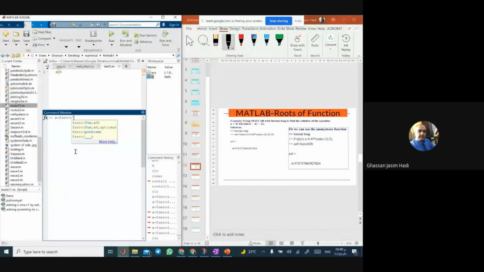We have x minus 0.45 by sine x, sine x minus 2, and everything minus 2, and then we cut, and let's say 0 and enter. He gives us 2.